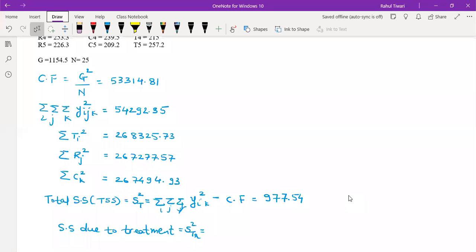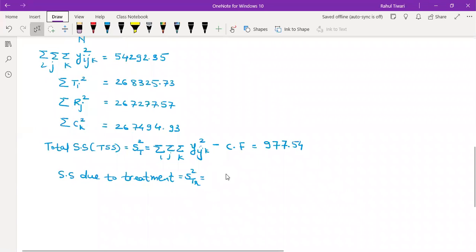IJK. Oh, something is missing. This is J, this is K. So treatment total becomes, using the formula, summation TI square upon M minus correction factor.